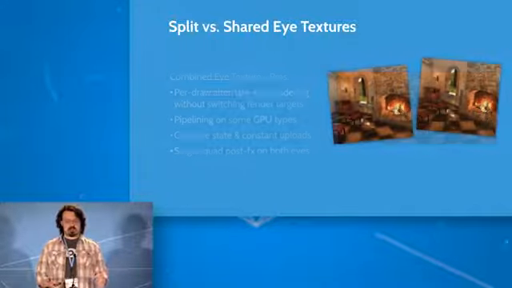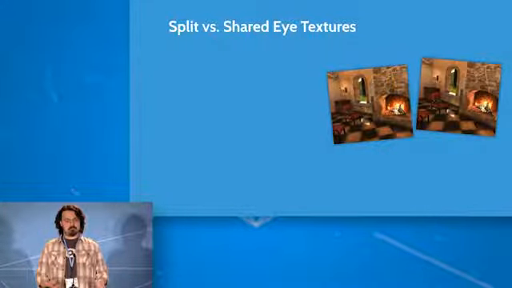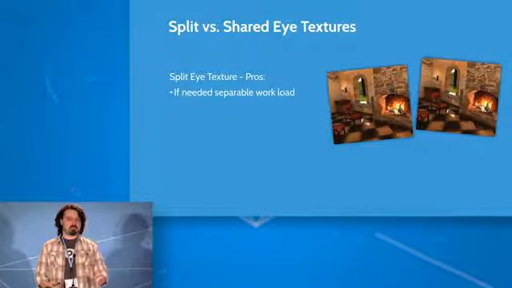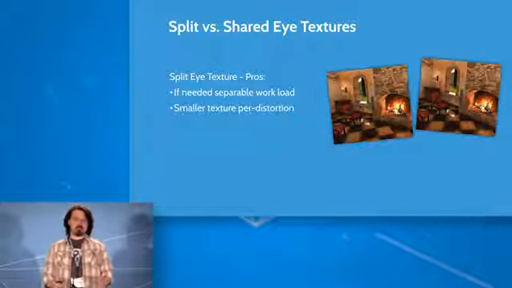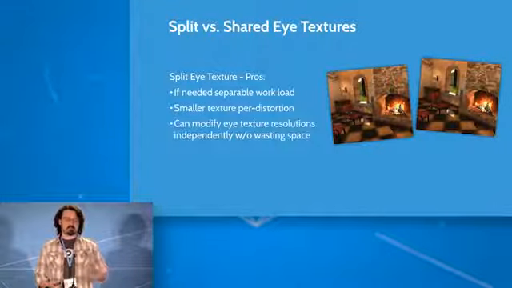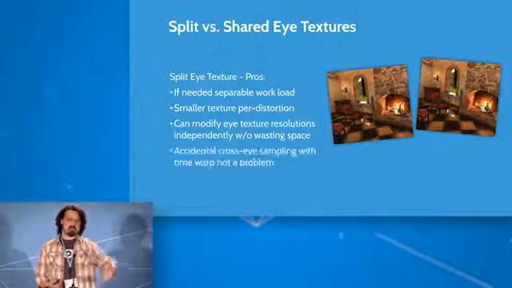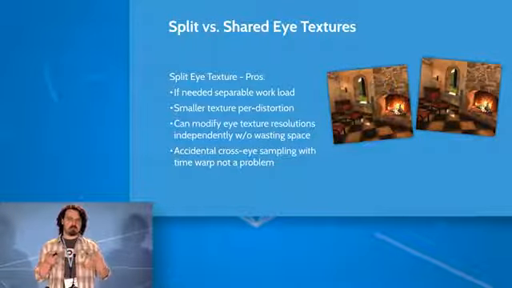When you go down the split eye texture method, though, there are some upsides to that as well. For example, you have a relatively distinct midway point in your frame buffer, and that can help with some of the stuff that we're internally looking at, particularly with workload balancing your time warp.